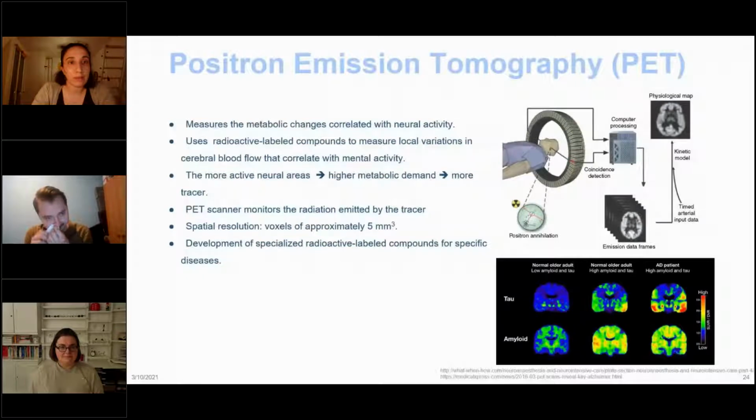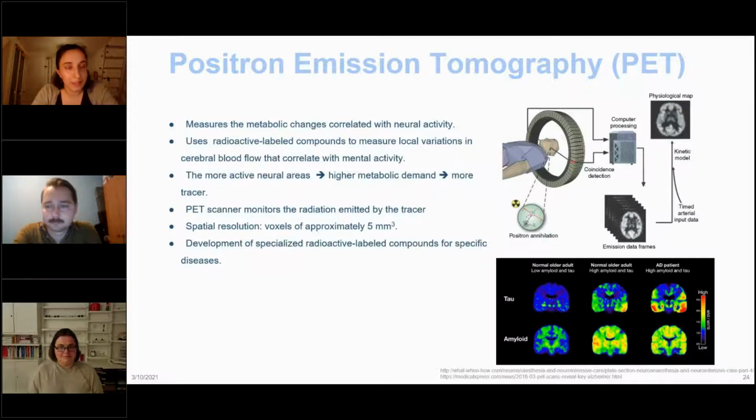And I'm going to talk about positron emission tomography, and then Bence is going to take over and talk to you about functional magnetic resonance imaging. But not for now, PET.